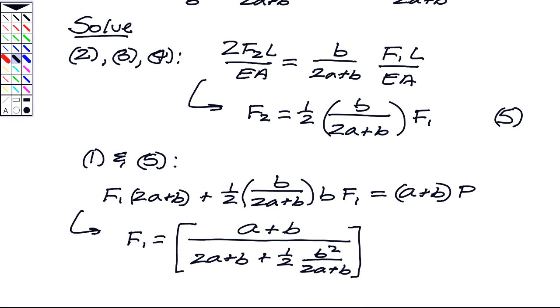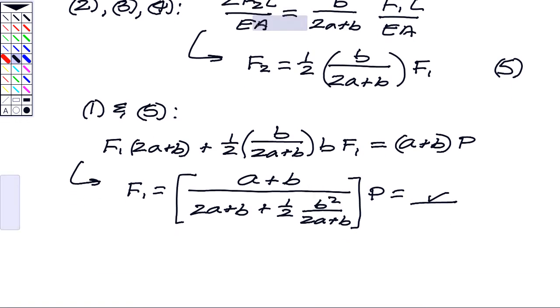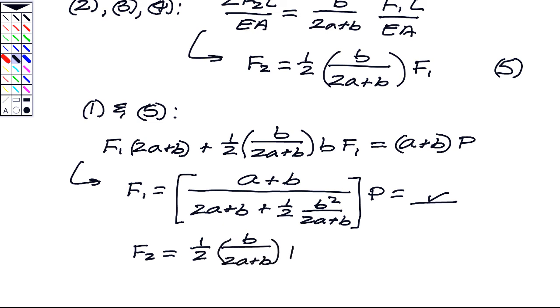So again, putting the numbers in gives us that. We found the ratio there between F1 and F2. That was 1/2 b divided by 2a plus b times F1. So F1, that number will go in there, and we get F2. So all this was just to find the load that's carried by members 1 and 2.